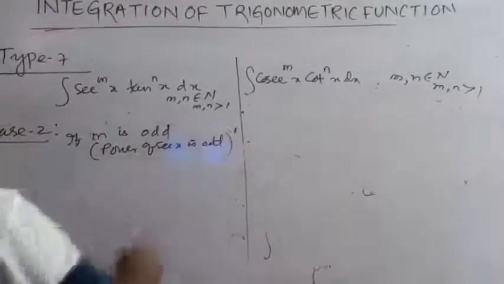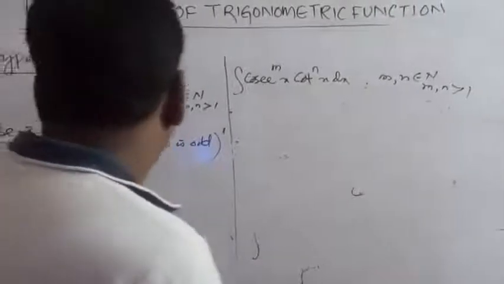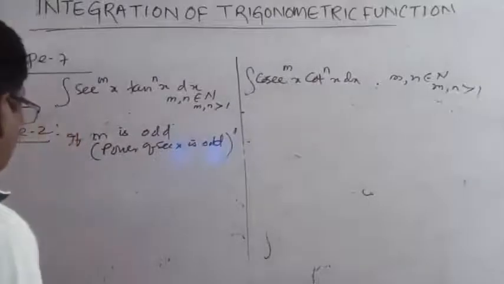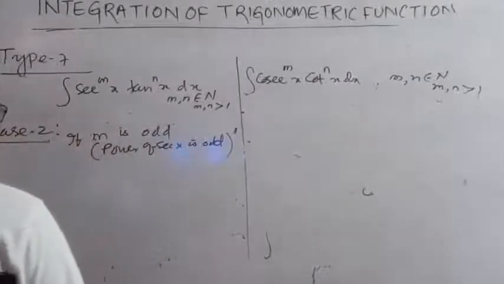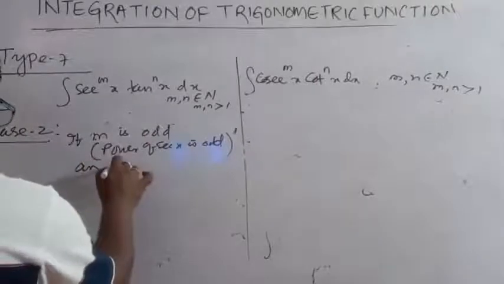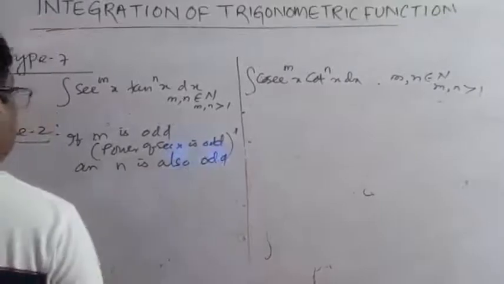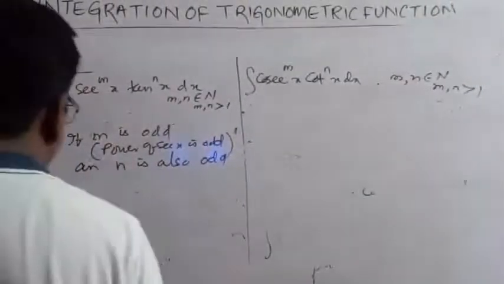First case, power of sec x is even. Second case, power of sec x is odd, and n is also odd, that is, power of sec x and power of tan x both are odd.